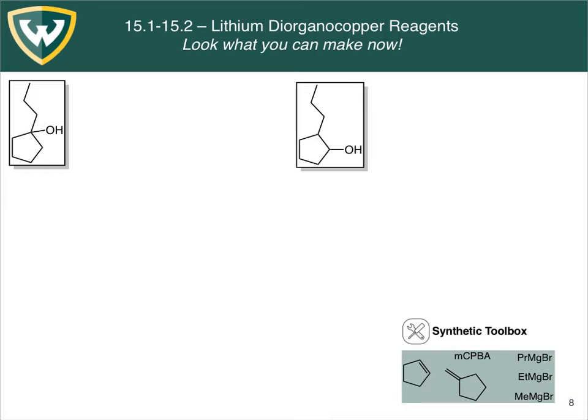Okay, so on the left we have a tertiary alcohol. That's the key functional group. And we have this kind of alkyl chain, which if we think about cutting this molecule into 2 parts, we might think about this group as a propyl group and this as a cyclopentane.